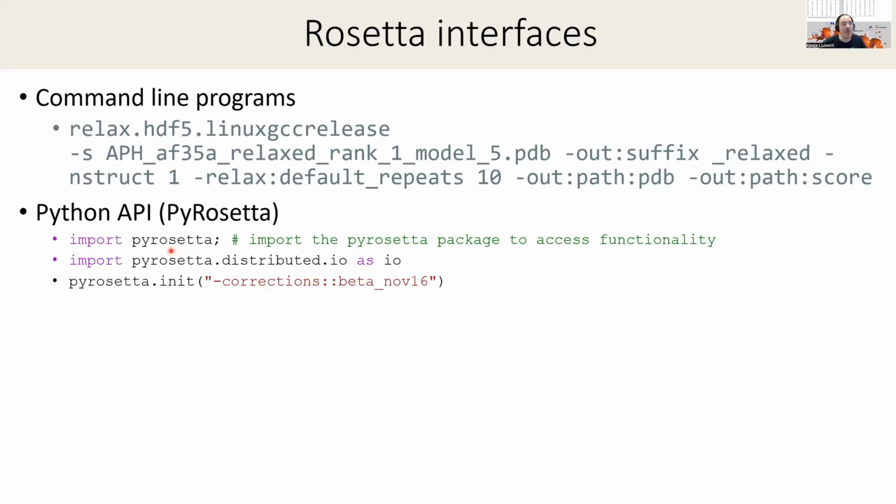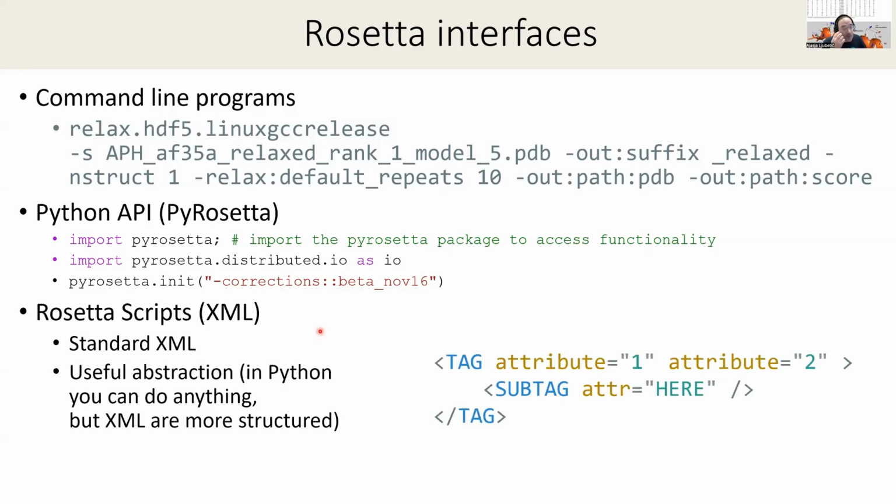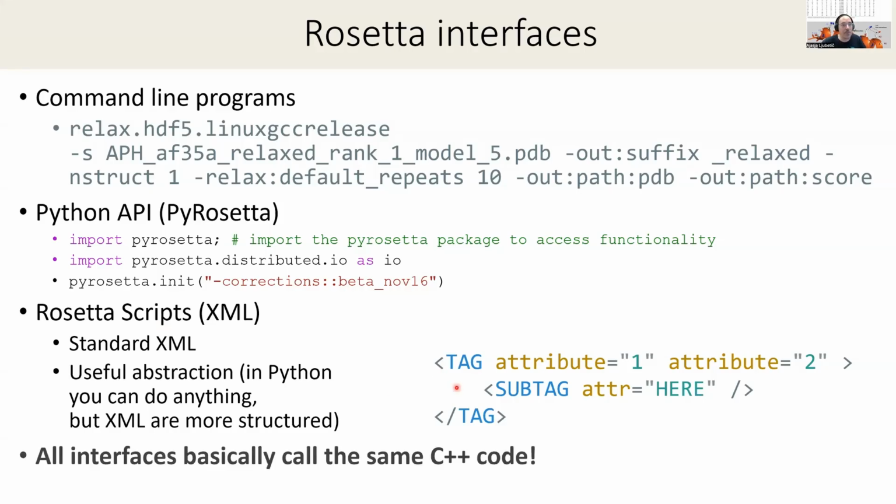So a Python API was developed where you can use Rosetta in Python, and this is very user-friendly. And my favorite interface is RosettaScripts, which is a domain-specific language, basically a script in XML format where you can tell Rosetta what to do. Importantly, all interfaces basically call the same C++ code.